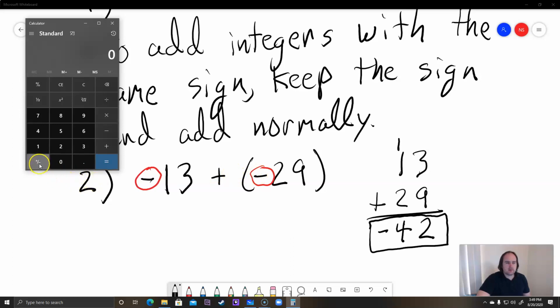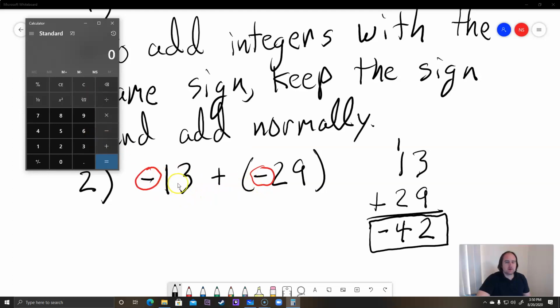Here there's a plus minus, and that should work. So if I do negative 13 plus negative 29, that gives me 42, but notice this doesn't show a minus. That's why I would recommend that most of you worry about the minuses on your own rather than relying on the calculator to deal with them for you.